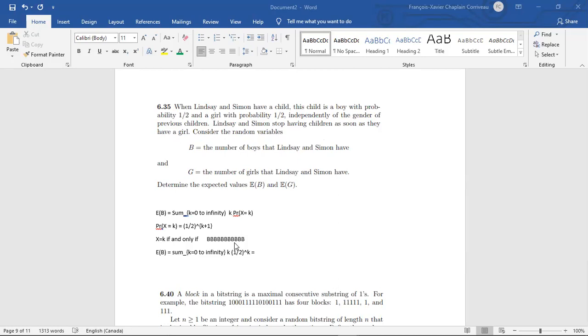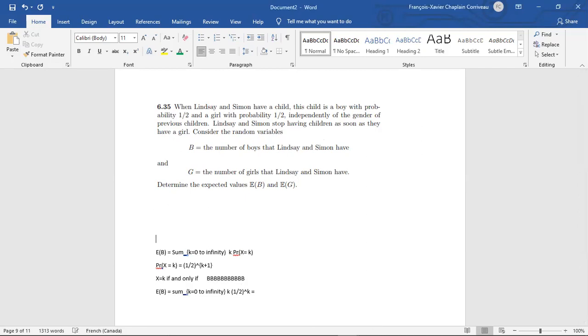So here, what if we find the expected value for the girl? The girl is the easiest one, right? The expected value for the girl, in the exam, this you can do.